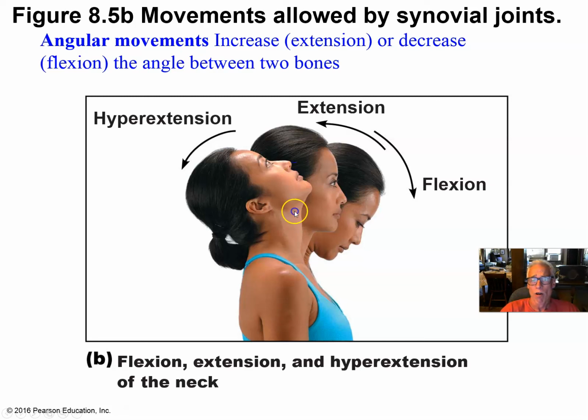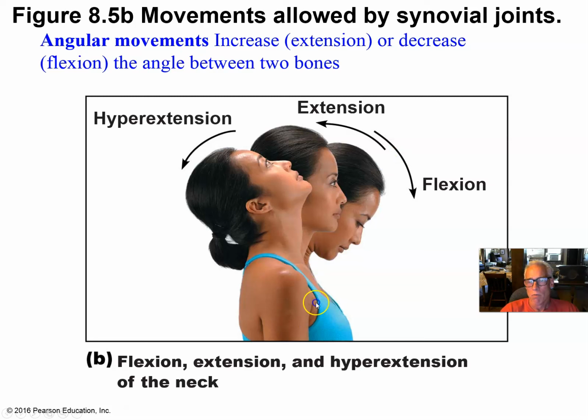If you think of two bones or parts of the body moving relative to one another, and an angle is decreased between them as the movement takes place, that's called flexion. Let me explain a little bit better what I mean by that using this illustration. If you draw an imaginary line through the spine, and then we draw another imaginary line through the neck and head of this woman in the head forward position, you can imagine an angle between the vertical line and this slanted line, this inclination.